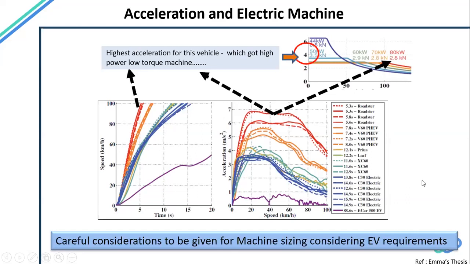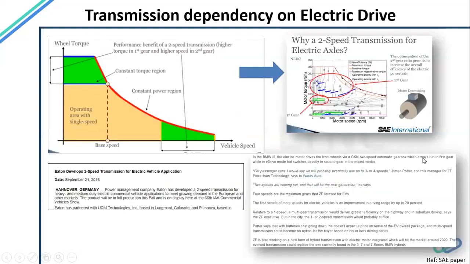So the selection or design of the machine is governed by these kinds of parameters from the vehicle side. Another thing is the transmission to which this machine is connected. If we have a two-speed transmission, then you can see here the green part of this torque speed curve is catered to.